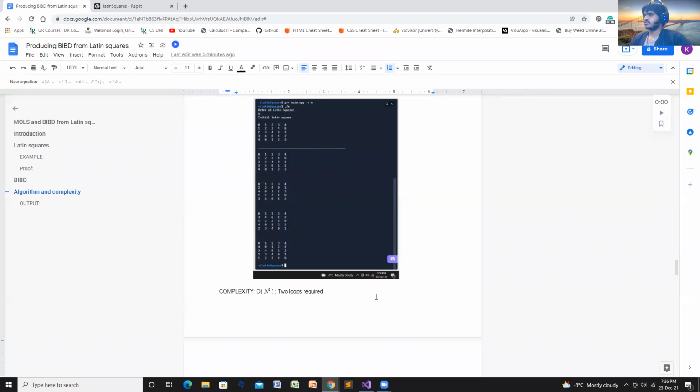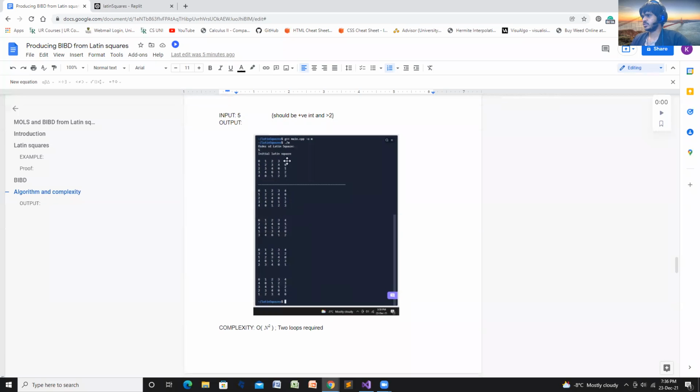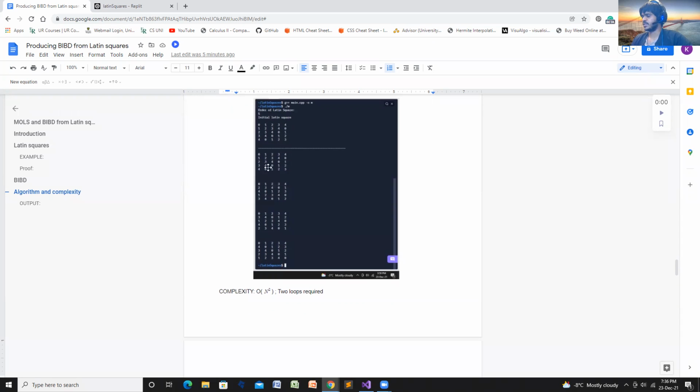The complexity for forming each Latin square will be n squared, and forming n minus 1 Latin squares will be n times more. So the total complexity will be n cubed.